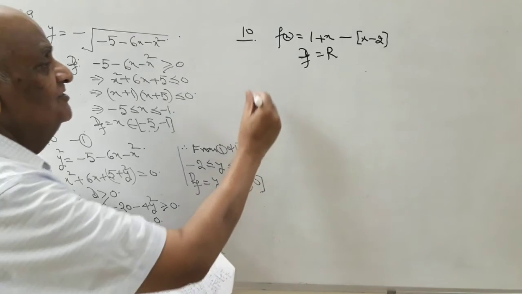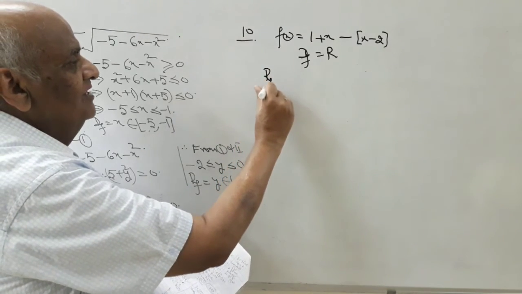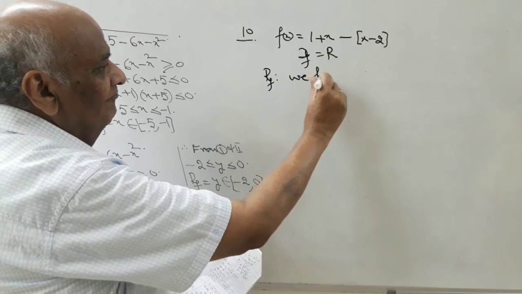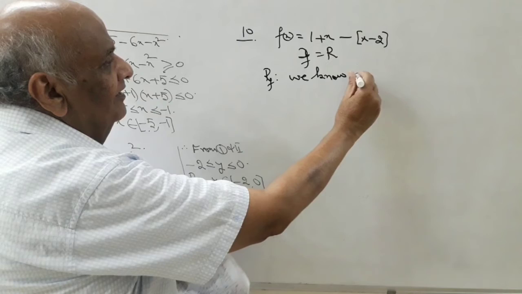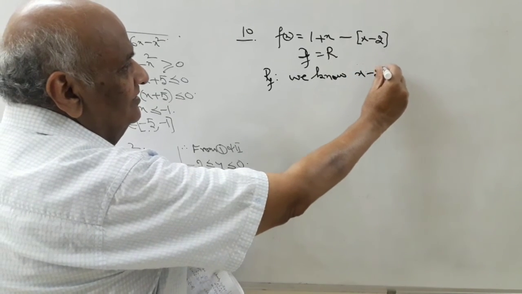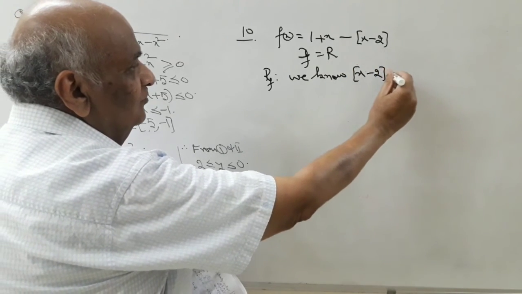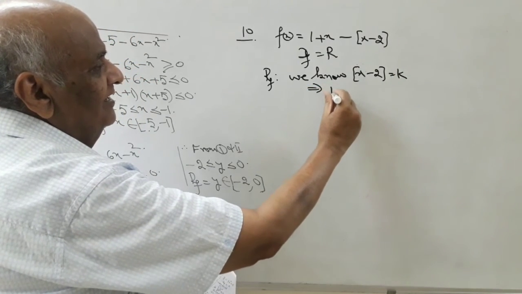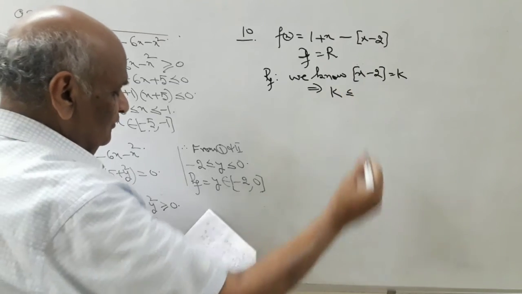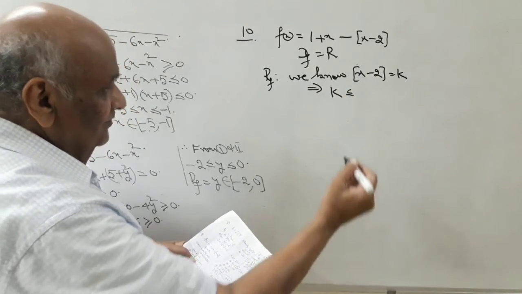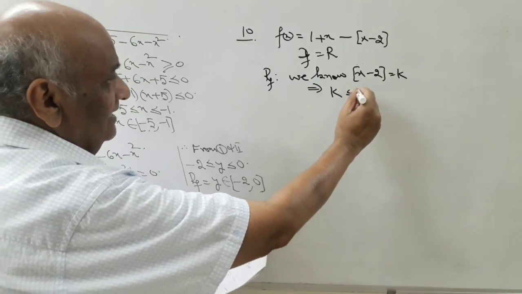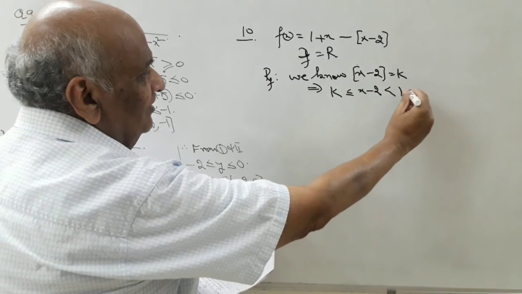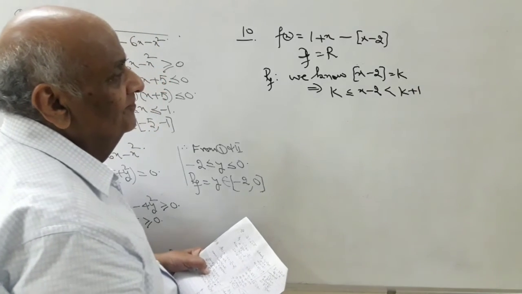Now for the range of the function, we know [x − 2] = k implies k ≤ x − 2 < k + 1.